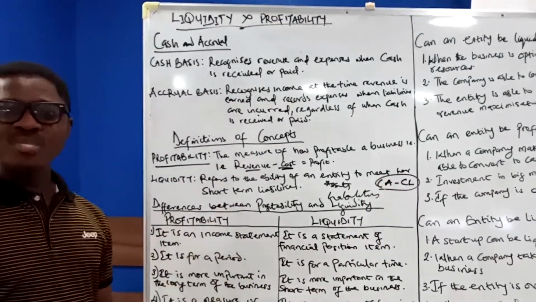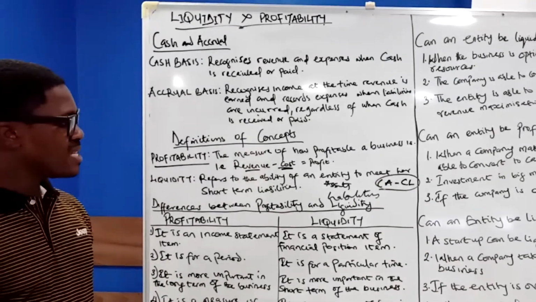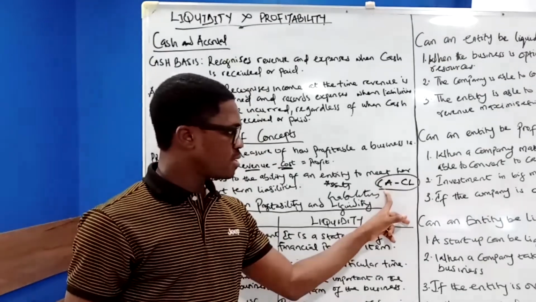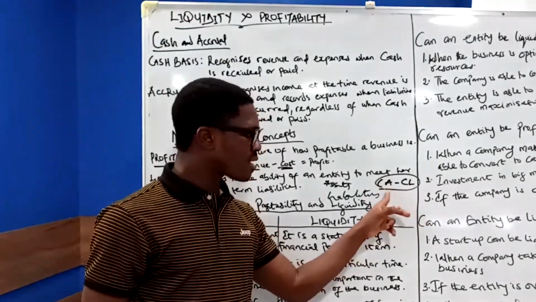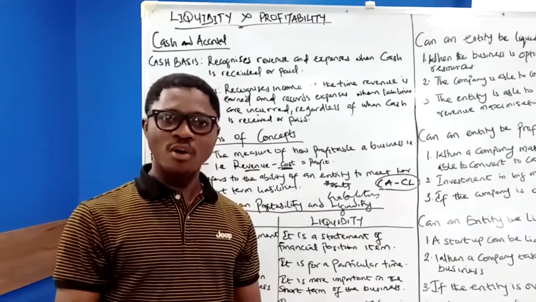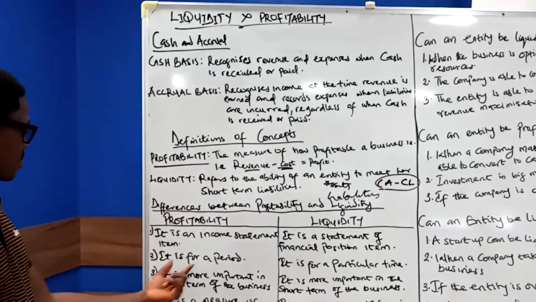Recall that we define liquidity as the ability of an entity to meet its current liabilities. These are current assets, these are current liabilities. So the difference between the current assets and the current liabilities tells us that at any point in time, the company can settle its current liabilities.